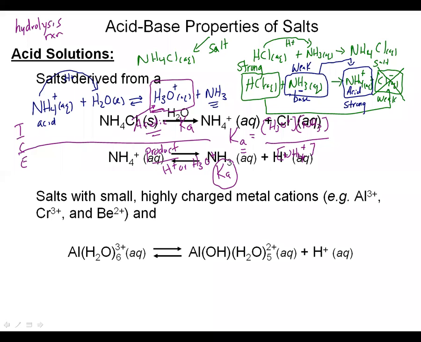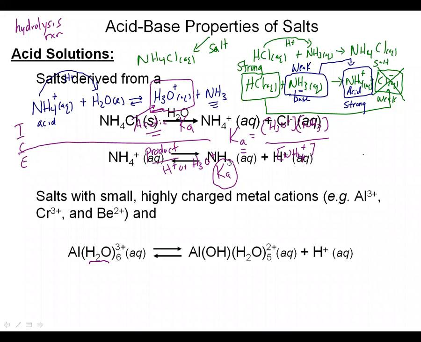So the example that we have here on the bottom is an aluminum that's basically surrounded by 6 waters. Let me try to find some empty spot here to draw. Okay.